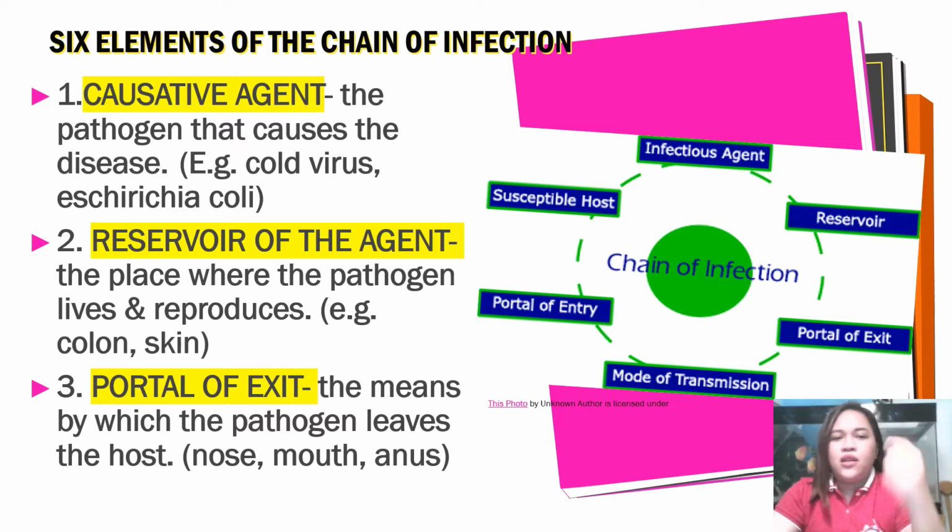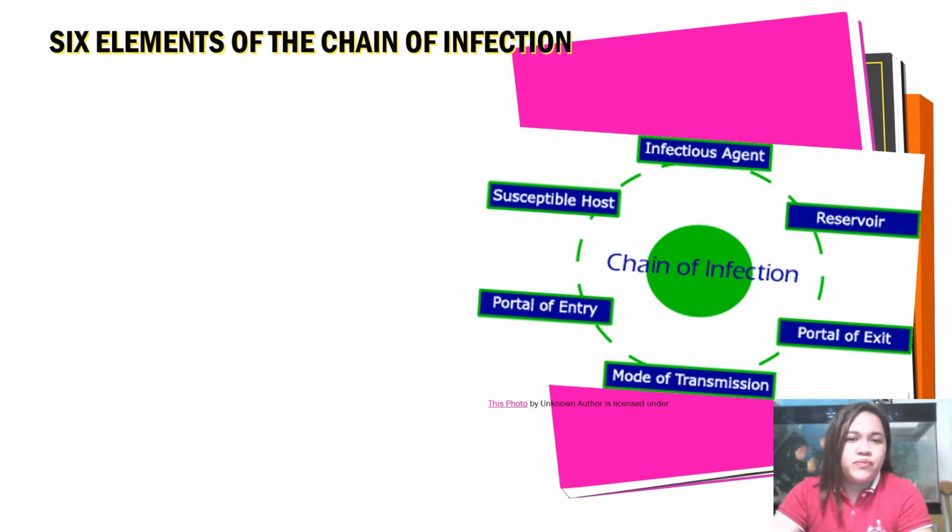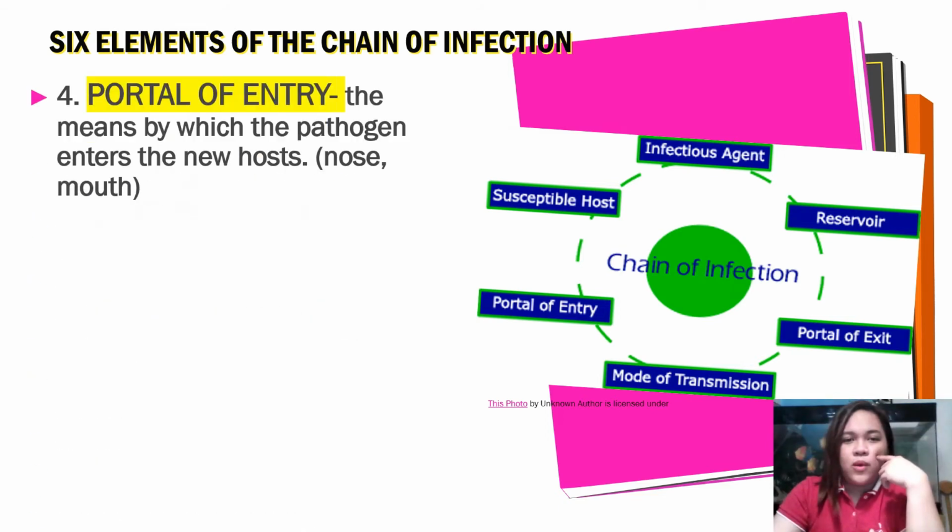This is the means for the pathogen to get out of the host body. For example, when we sneeze, droplets come out from our nose and from our mouth, and you do not know if it contains a pathogen such as the cold virus. Next, okay, we have the portal of entry, following the portal of exit.